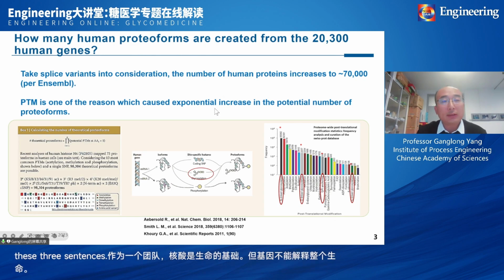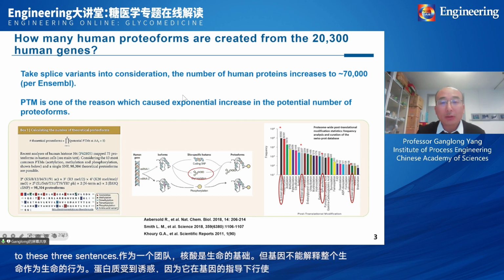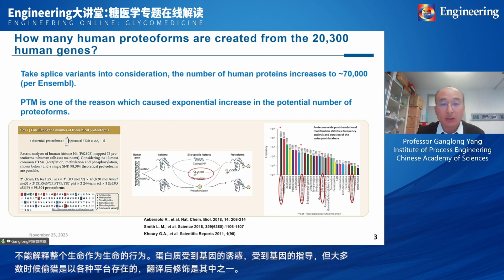As a conductor of life, the protein is synthesized using the gene as a template, by the guidance of the gene. But most of the time, the protein exists in various forms. Post-translational modification is one of the reasons the protein forms increase significantly, especially glycosylation.